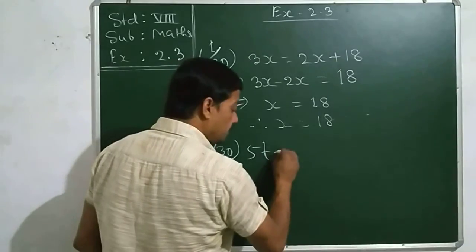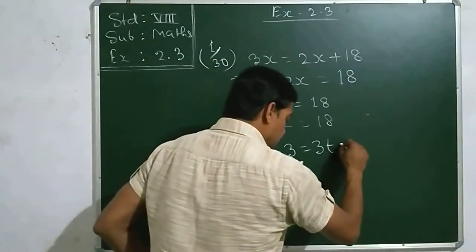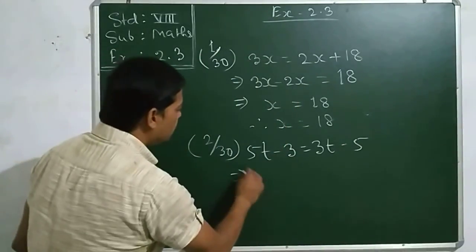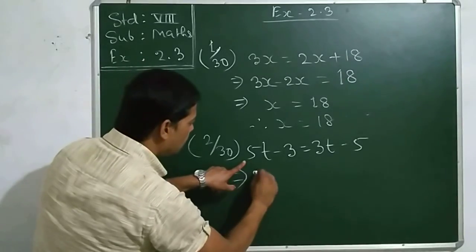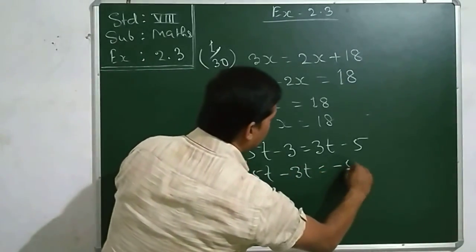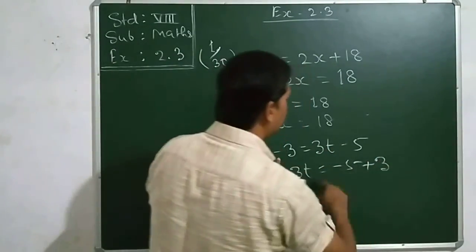5t minus 3 equal to 3t minus 5. See, once again the similar thing: in the LHS 5t minus 3t, and in the RHS minus 5, and this minus 3 will go to that side with a plus sign.